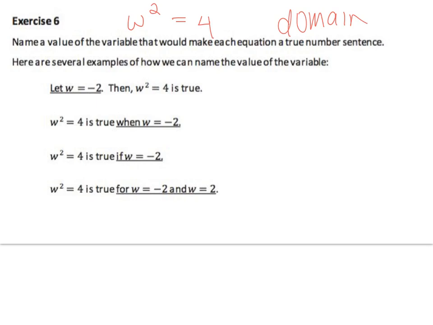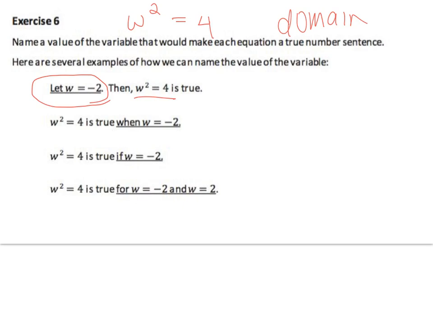If we choose to let w equal 5, then the number sentence is false because 5 squared is not equal to 4. If we let w equal 2, then the statement is true. Is there another value for w that would also make the sentence true? Okay, let w equal -2.